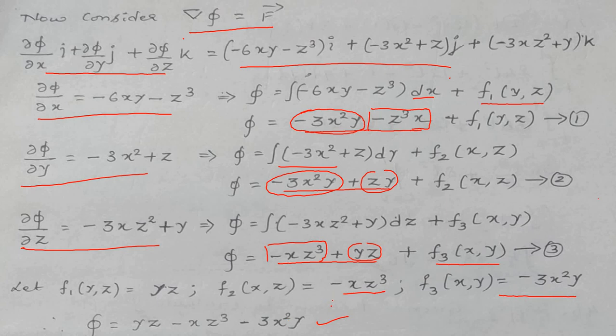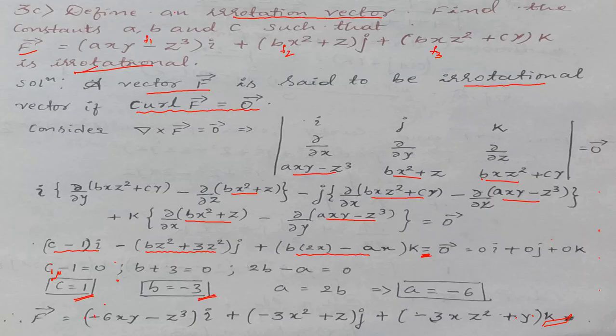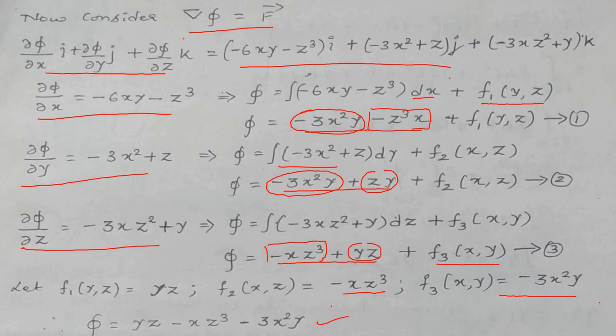So this is another problem, in case they ask to find the scalar potential. In the previous problem, they just asked to find the values of a, b, c as the vector f is irrotational. After finding a, b, c, substituting them in the vector f is enough. In case they ask to find the scalar potential further, you should go with this method.